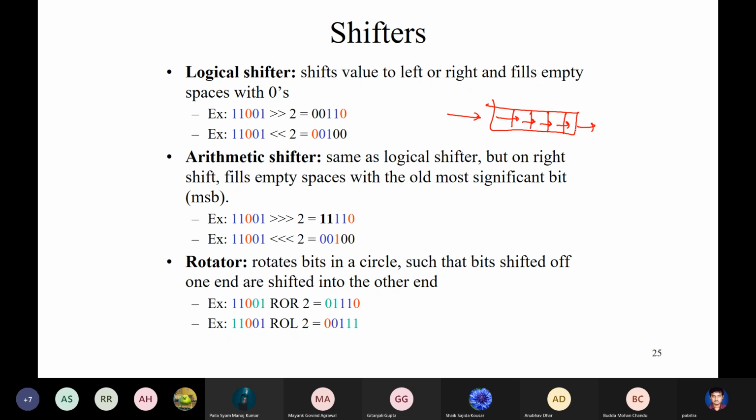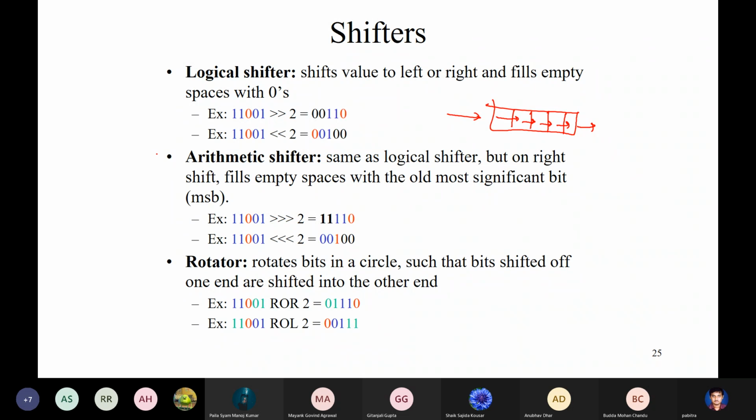If we talk about unidirectional shift registers, let's say left to right, the logical shifter would take the input from left to right, and the empty spaces would be filled with zeros.